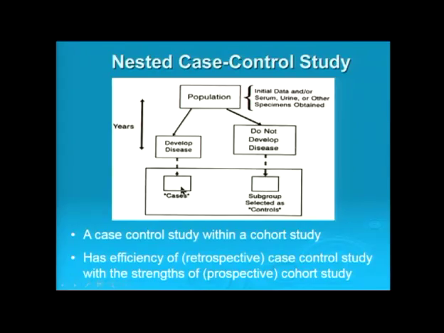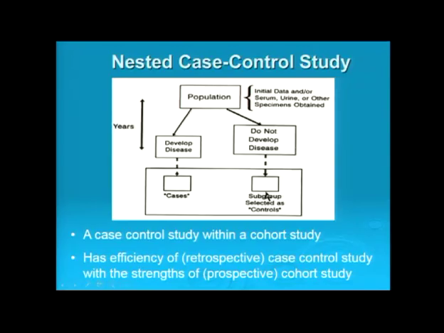I could then ask, in these people who have the outcome, cases and controls, would Framingham give me a sample of their sera from their biorepository? The exposure would be an elevation in this biomarker that I think predicts who gets breast cancer.